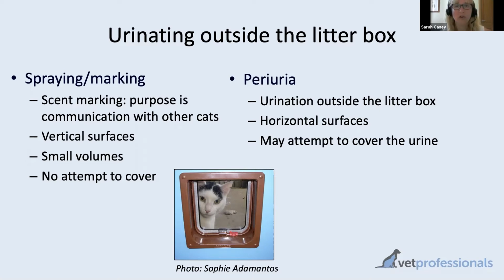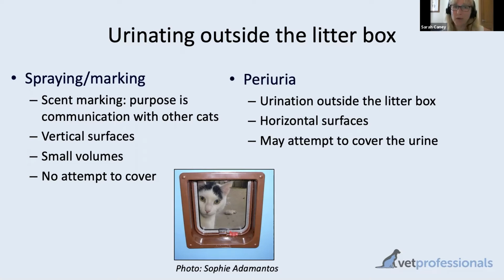And the purpose of spraying out these small amounts of urine, or relatively small amounts compared to a normal pee, is part of scent marking and communication with other cats. So very typically this often would involve entire male cats' territory marking, for example. But these are generalizations, and actually some cats' scent marking will pass very large volumes of urine, and that can be, of course, very difficult to live with if that happens to be within your house.